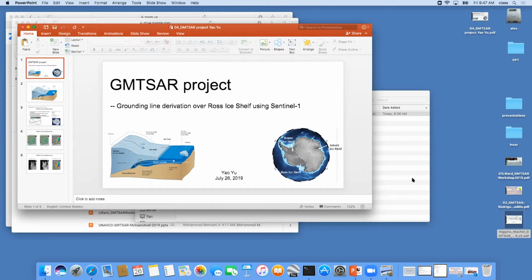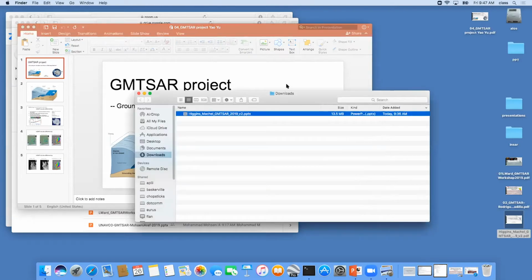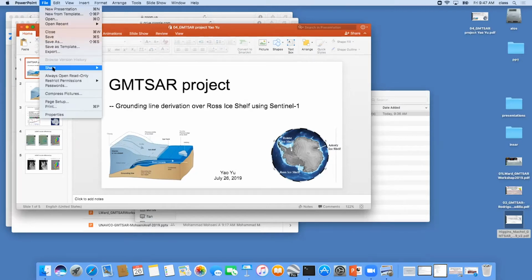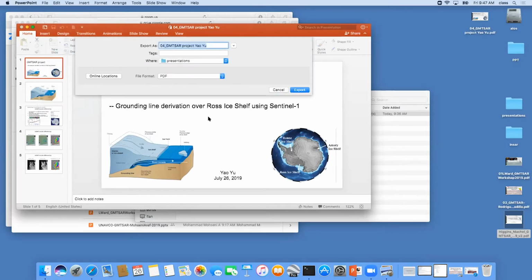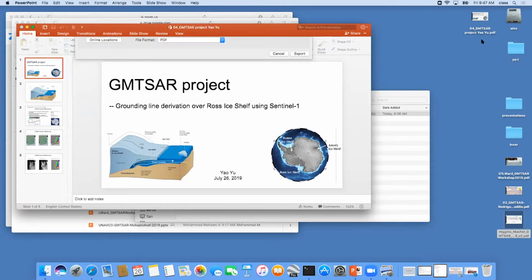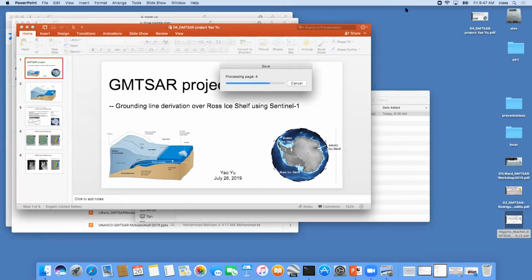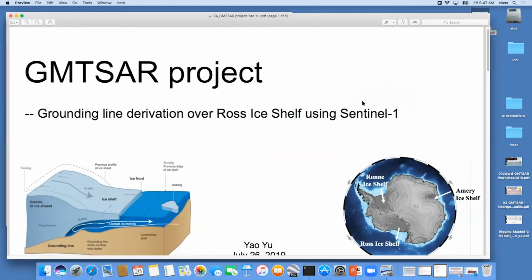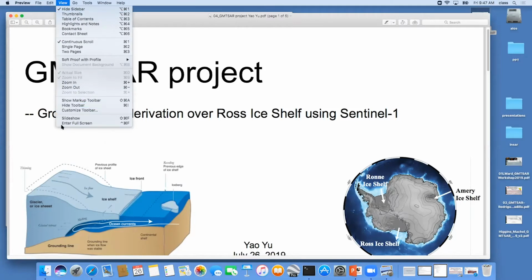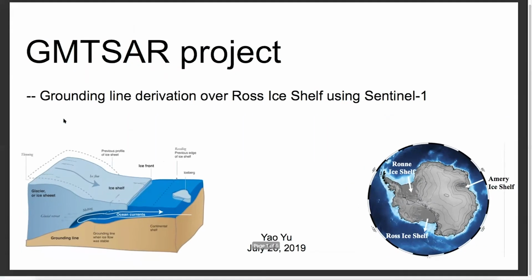Did I save it in the right place? Where did it go? I'll do it again. File, save. Export. PDF. Put it in desktop. Okay, it's right there. Can I see it? Yeah. Right here. And then I go to view, full screen. Okay.